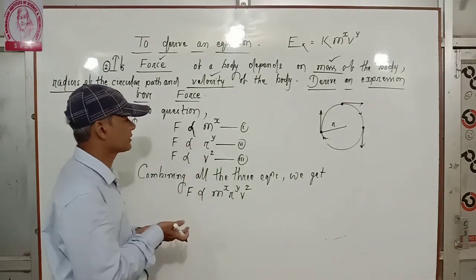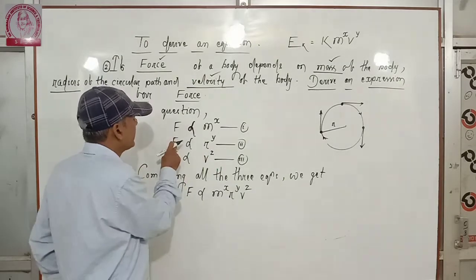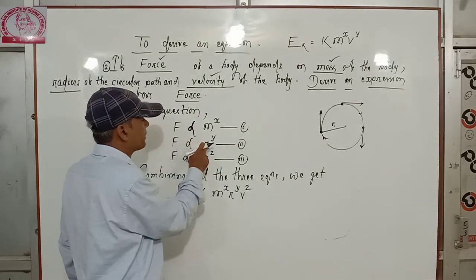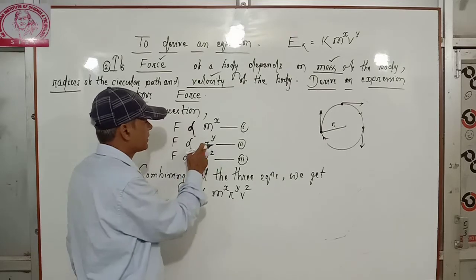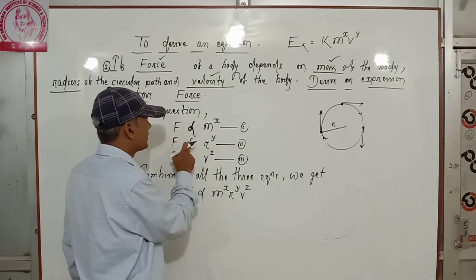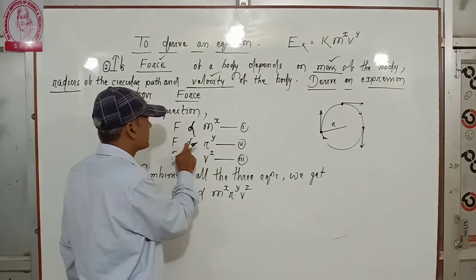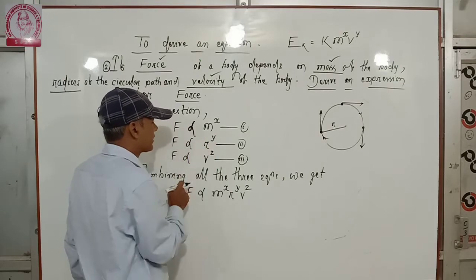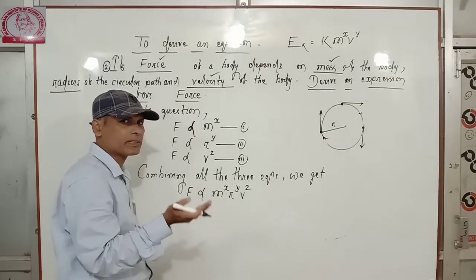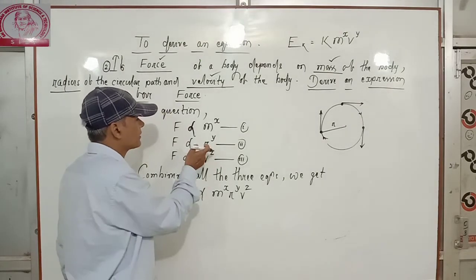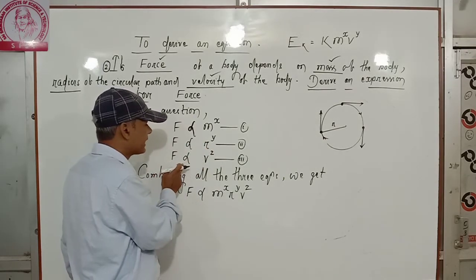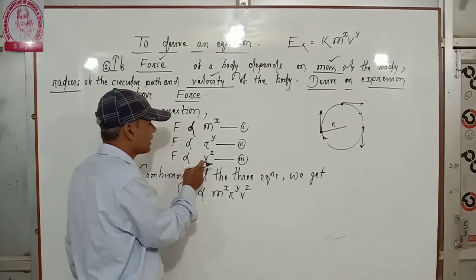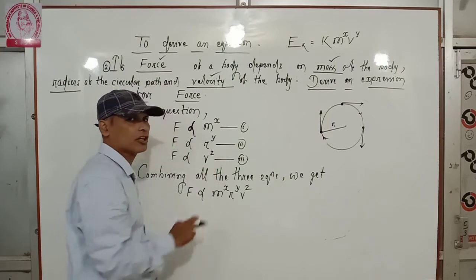If I would write here F is proportionate to v, now I have to write F is proportionate to v to the power y. Then which physical term remains? R. I have to write again F proportionate to r to the power z.